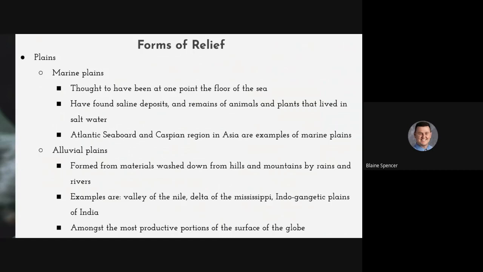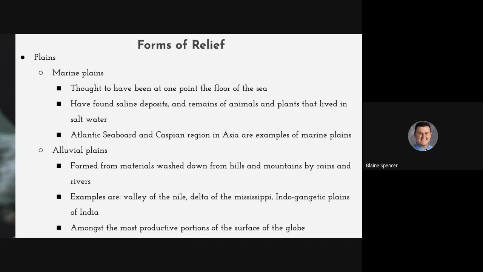And then in India, there are the Indo-Gangetic plains. These come from rivers moving materials, rocks, dirt, soil, into this valley. Because of this, these are considered some of the most productive portions of the surface of the globe.